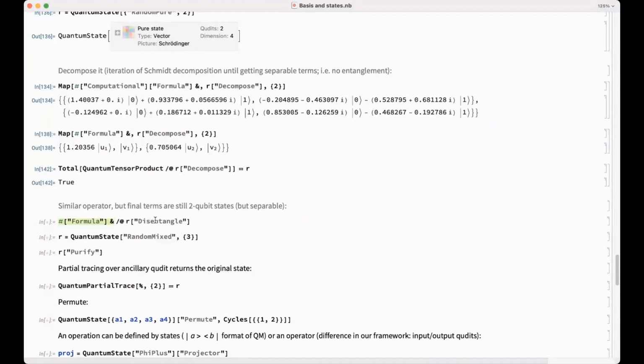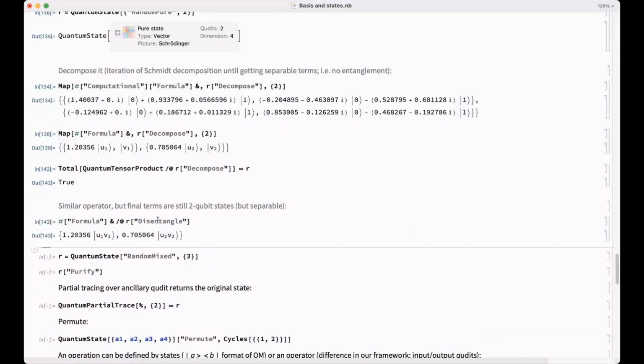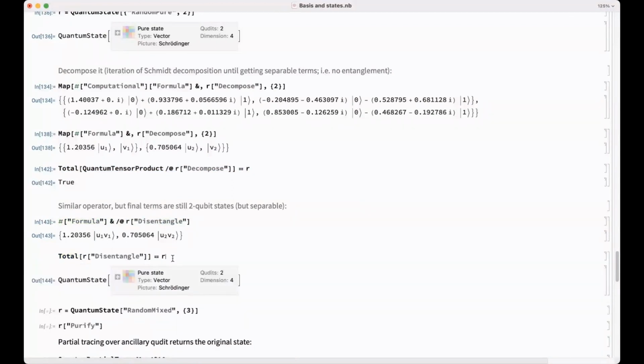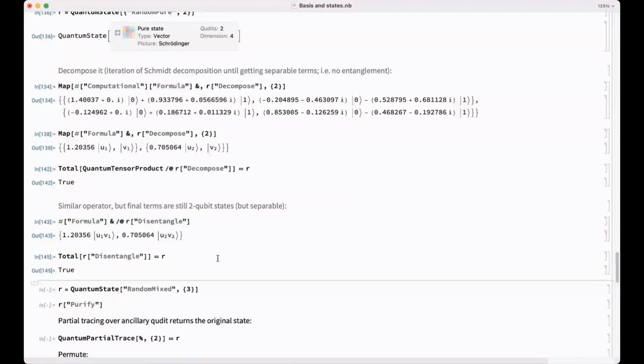All right. Disentangling. This is very similar to decomposition, but instead of having a pair of single qubit things, it just already has the tensor product taken. And if you have a disentangled state like that and you sum it over, it should again recover the original one.